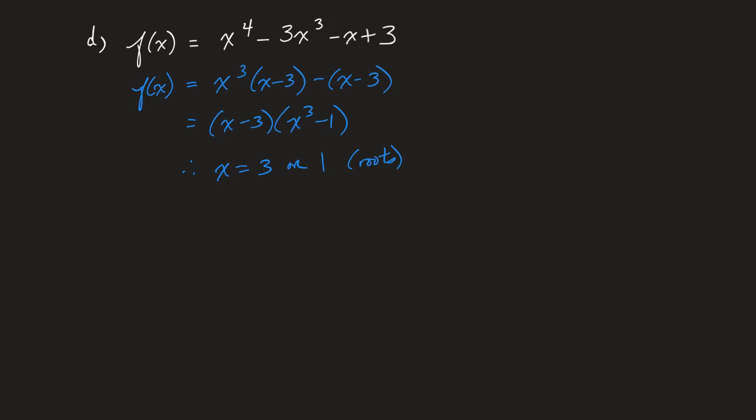Okay, now that that is the case, we can pick up the pace. We now have our set of axes. We have an x-intercept of 1 and an x-intercept of 3. If I look at my leading coefficient, it's positive, so I'm rising to the right.